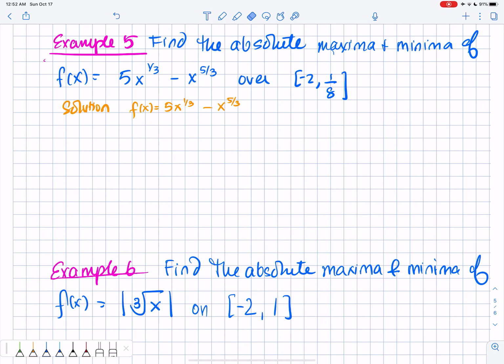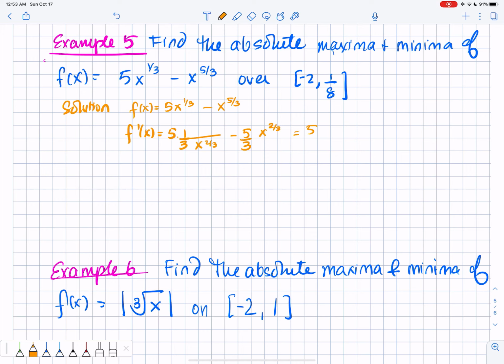So now let's look for f prime. You have 5 times 1/3 x raised to negative 2/3 minus 5/3 x raised to 5/3 minus 1, which is 2/3.